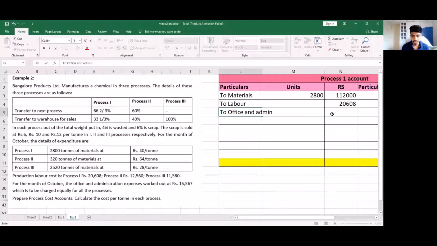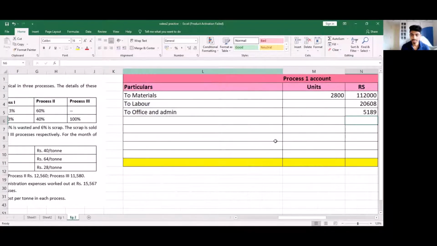Again, no units. And our amount is 15,567 divided by 3 because it is charged equally for all the 3 processes. 15,567 divided by 3, which gives us 5,189.